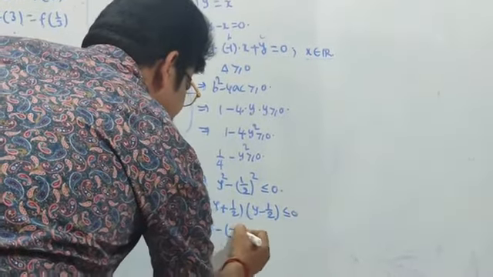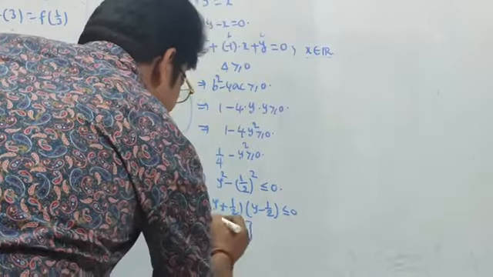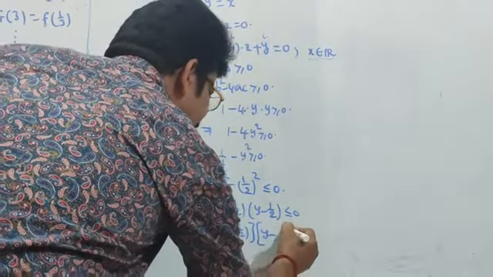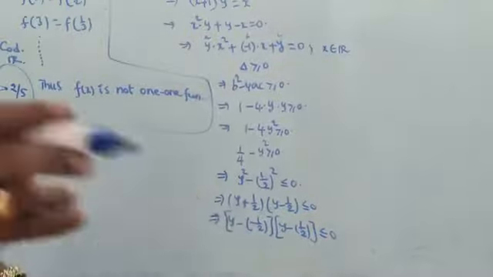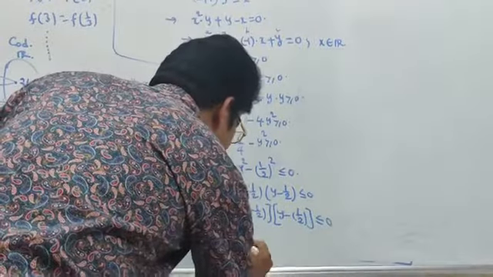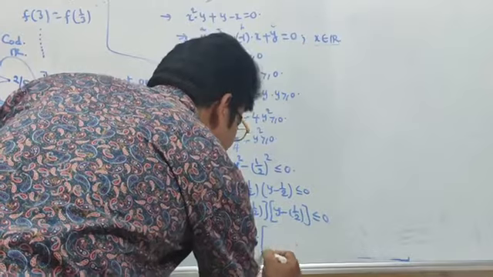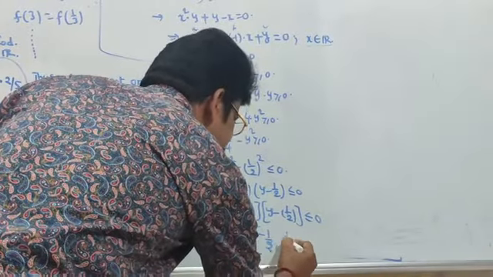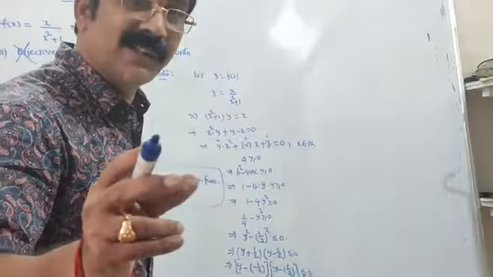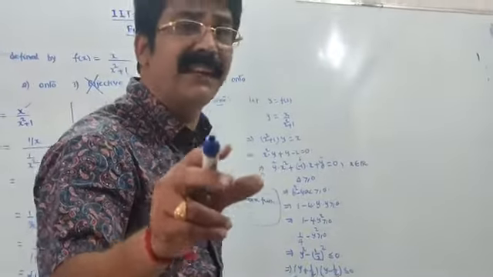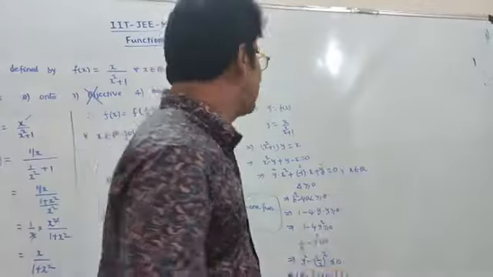So y belongs to the closed interval of minus 1 by 2 comma plus 1 by 2. Y is what in this topic? Y means range.